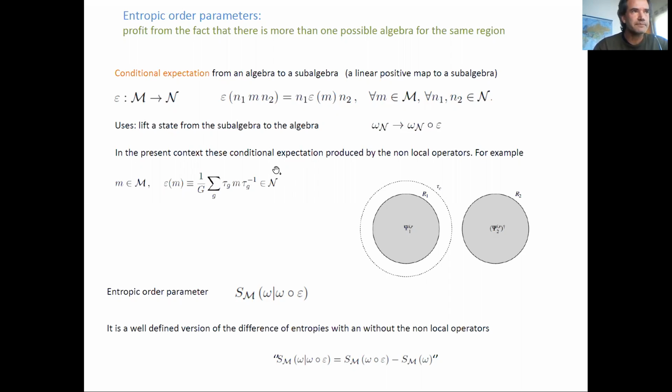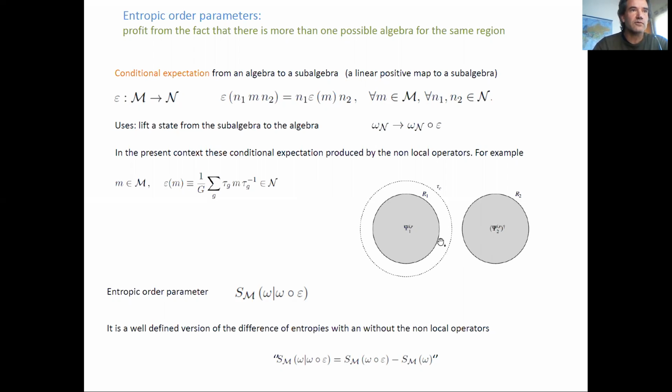But in the present case, these conditional expectations are simply produced by the non-local operators themselves. So, for example, in this particular case, the big algebra is the two-ball algebra with the intertwiner, and the small algebra is the two-ball algebra without the intertwiner.